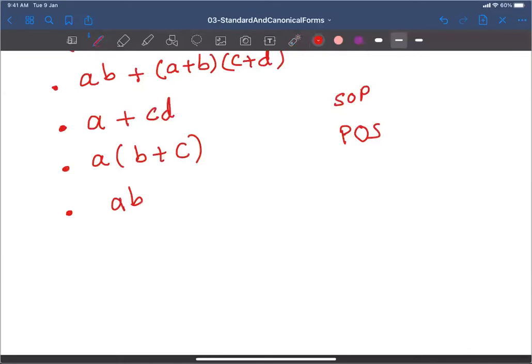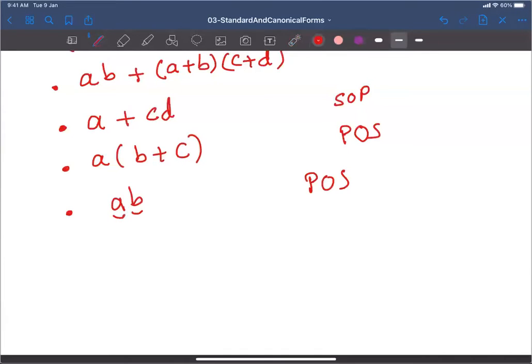It's actually in standard form. Okay, so which one of the standard forms? This is the question to you. This is a product of sums. Why? Because it's a product and each one of these is a sum.